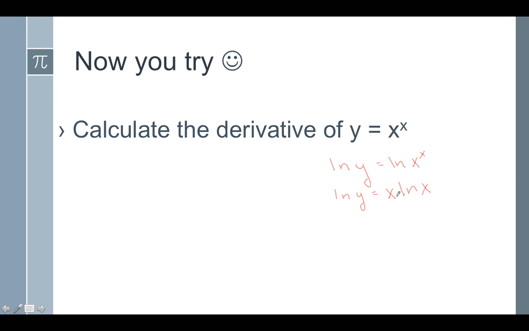And now we have a product of two functions. So if I take the derivative of the entire equation, the derivative of the left is 1 over y times y prime, equals, by the product rule, 1 times the natural log of x plus x times the derivative of the natural log, which is 1 over x.